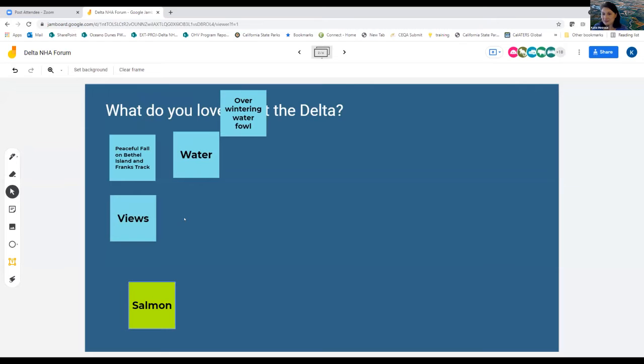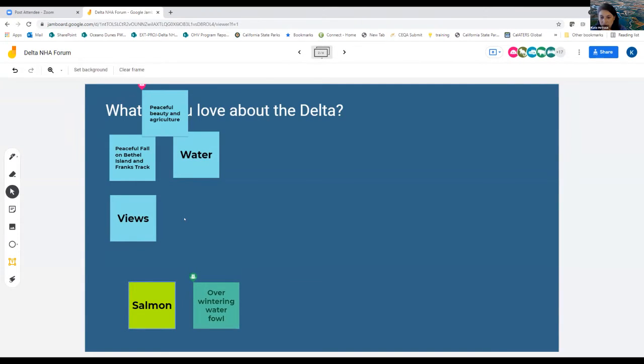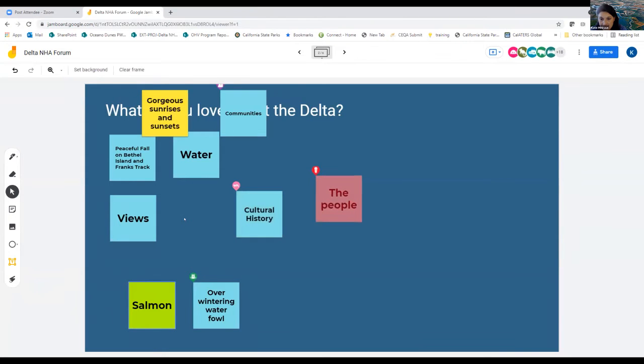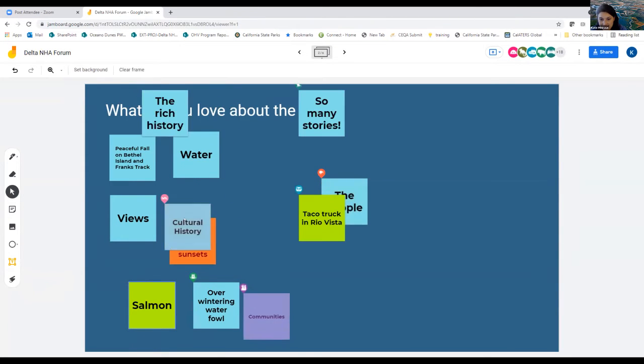So this is awesome because it helps to know what people really enjoy, and make sure the plan meets at least what we're hearing from the public and from folks who work in the Delta, what they love about it, and it could help us form our goals. Communities, love it. Gorgeous sunrises and sunsets.